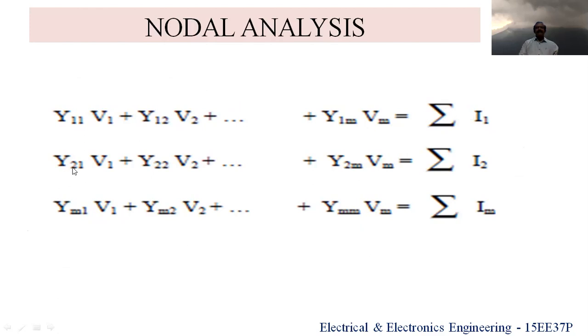Similarly, the second equation: y21 into v1 plus y22 into v2 and so on, plus y2m into vm, is equal to the sum of I2. Similarly, ym1 into v1 plus ym2 into v2 and so on, plus ymm into vm, is equal to the sum of current Im.